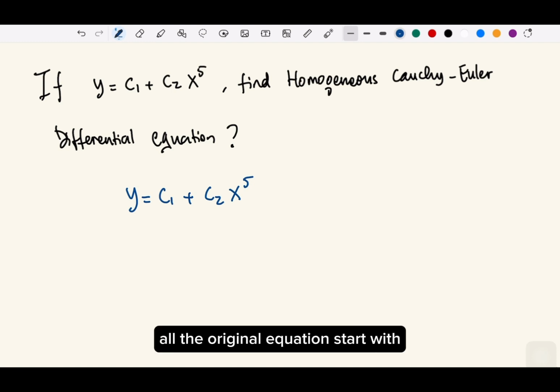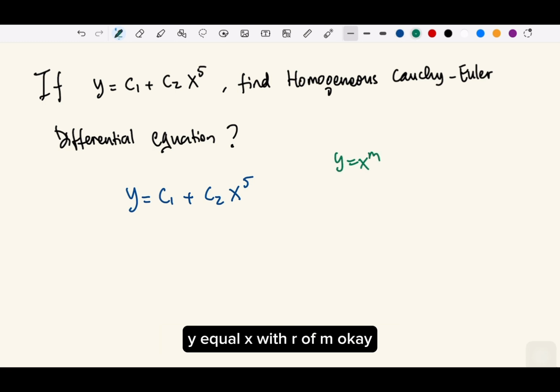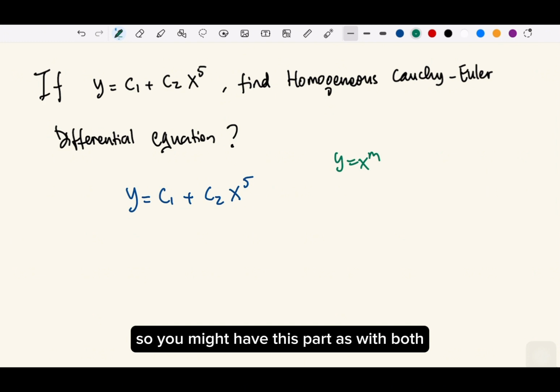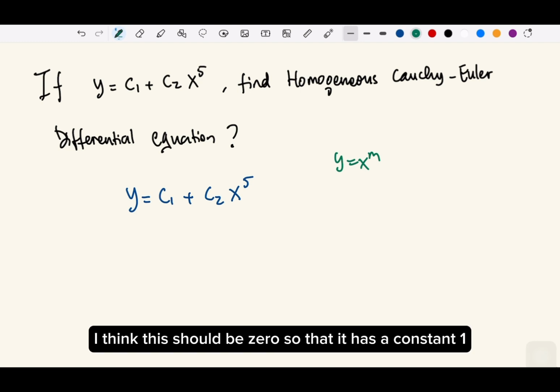Remember that all the original equations start with y equals x to the power of m. So imagine that x to the power of m is substituted here. The second root will be 5, and the first one should be 0, so that it gives a constant 1, right?